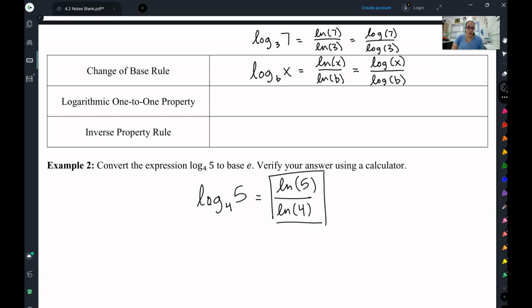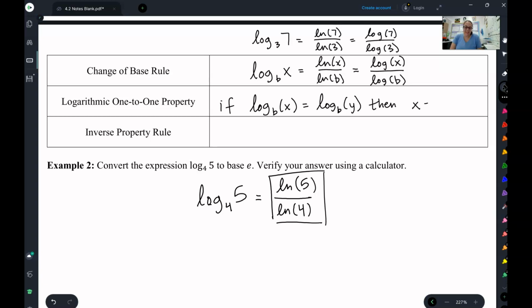We have the logarithmic one-to-one property, which is very similar to the exponential one-to-one property. If you remember that from last class, it was if the exponent bases are the same, we can just set the exponents equal to each other. Well, our logarithmic one-to-one property says if the bases of the logarithm are the same, then the insides of the logarithm will be equal.